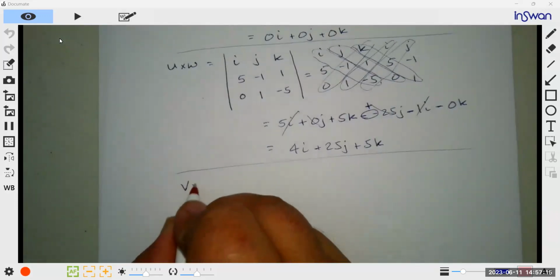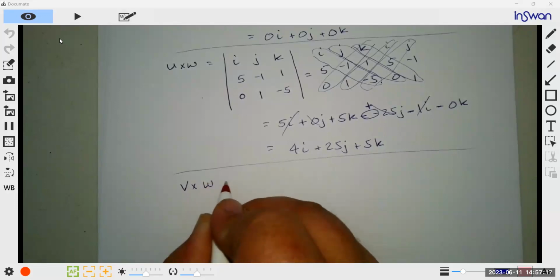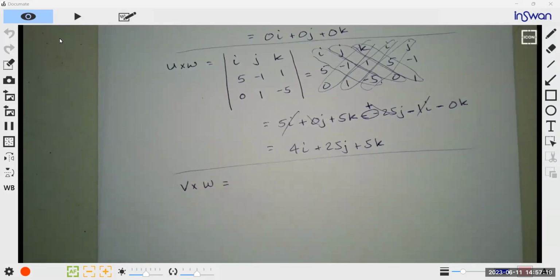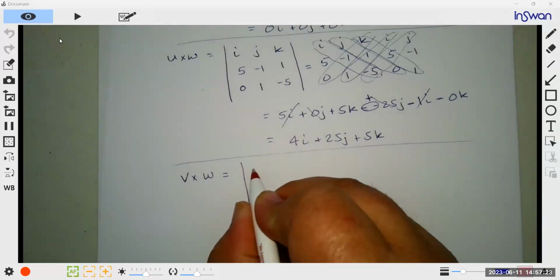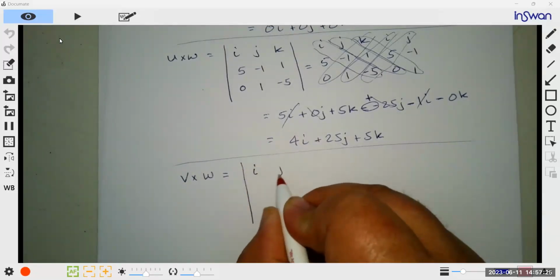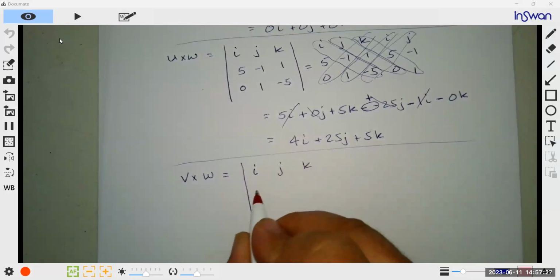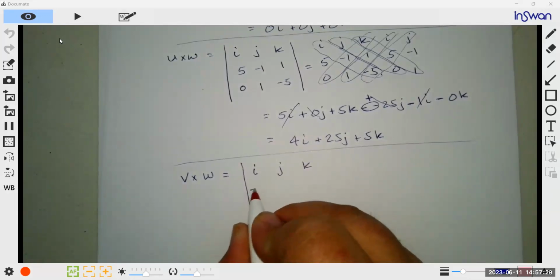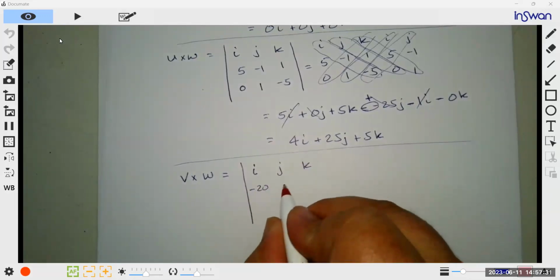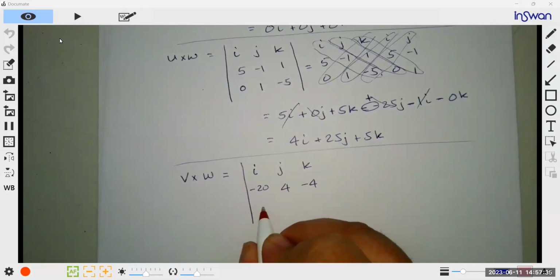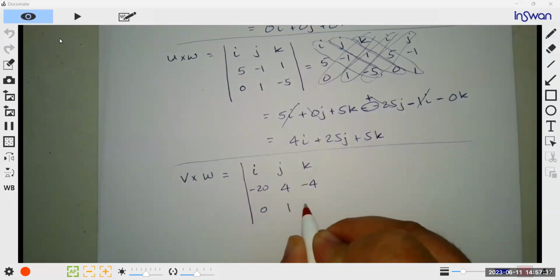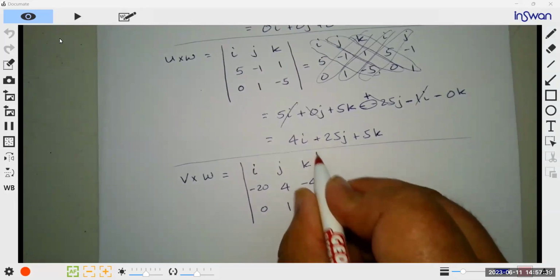Now V cross W. Negative 24, negative 4. 0, 1, negative 5.